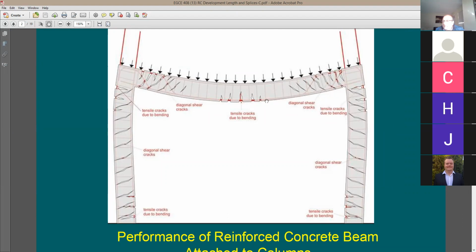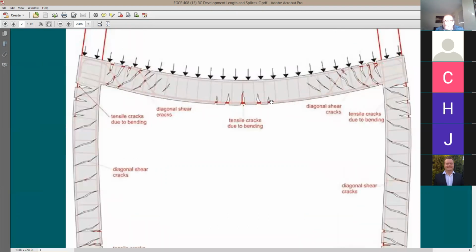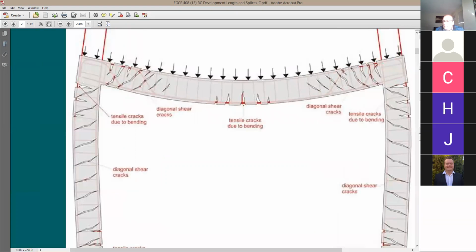How about here, the bottom reinforcing? Someone's going to say, in the bottom reinforcing, I have the series continuous. In the middle, I'm going to have here tension. So I can come here and mark this and say, in here, I have some tension force.